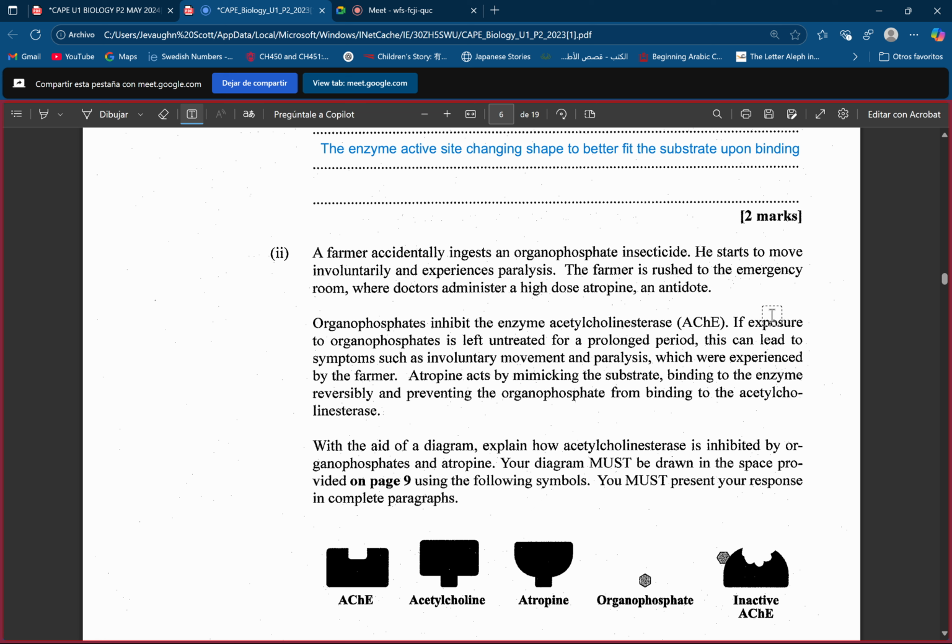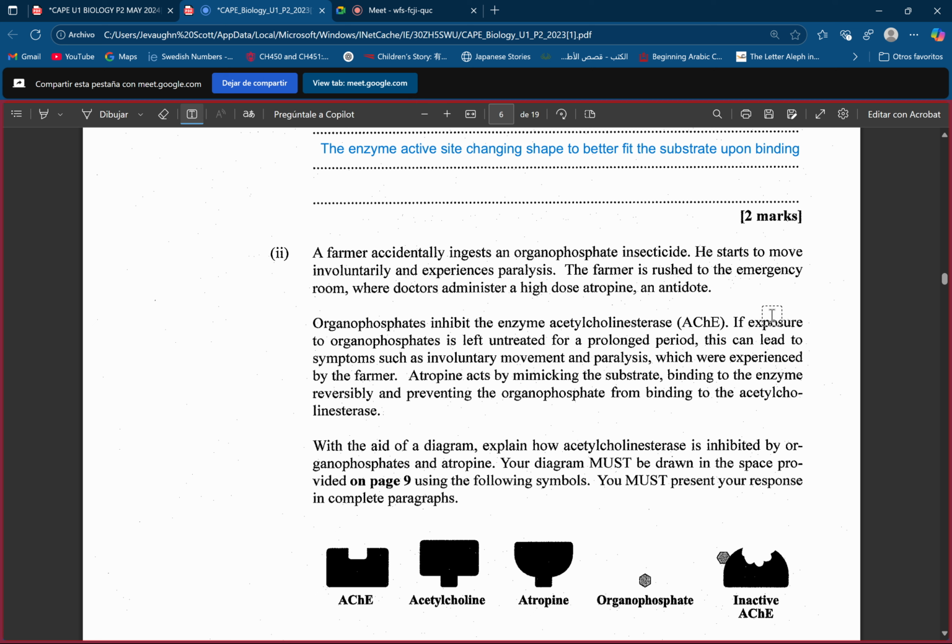He starts to move involuntarily and experiences paralysis, because we know that organophosphates can affect you neurologically, right? They're kind of like neuro inhibitors. They're inhibitors, right? So the farmer is rushed to the emergency room where doctors administer a high dose of atropine, an antidote.